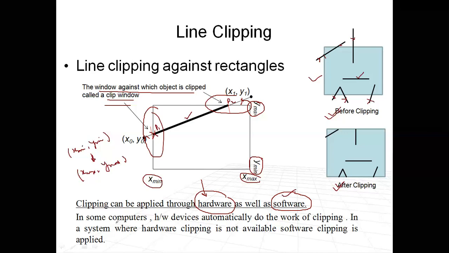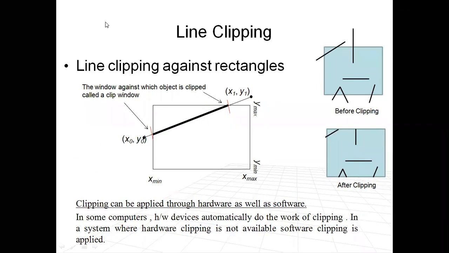In some computers, hardware devices automatically do the work of clipping, whereas in some systems where the hardware is not available for clipping, we can have a program or an algorithm implemented in software to clip the objects. So this clipping can be applied through hardware as well as through software.